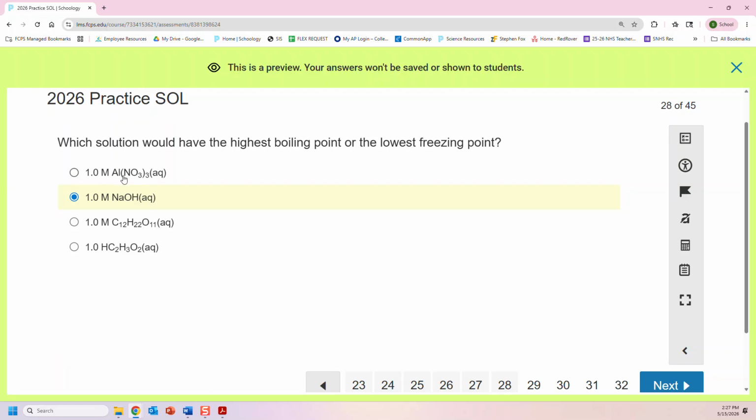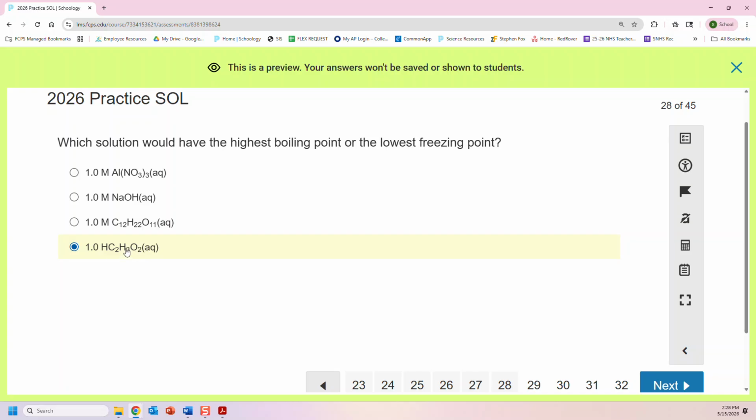Aluminum nitrate breaks up into 4 ions, 3 nitrates and 1 aluminum. Sodium hydroxide breaks up into 2, 1 sodium, 1 hydroxide. This is an acid, so you could think of it as breaking up into 2, H+ and acetate, C2H3O2-. But it's a weak acid, so it doesn't completely ionize. So for every one of these in the solution, maybe you get 1.5 particles.